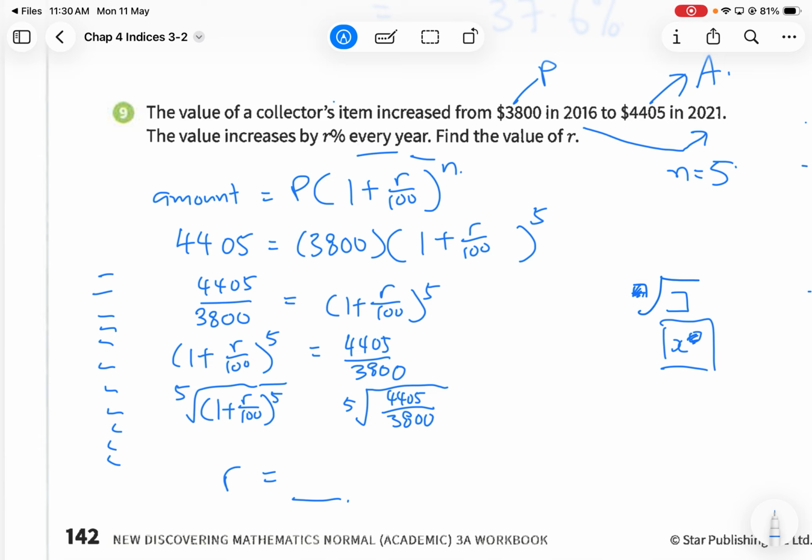So I will go and press shift, then that button. Fifth root. And then what is inside? The white box.